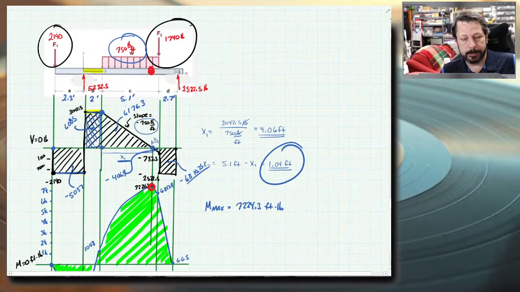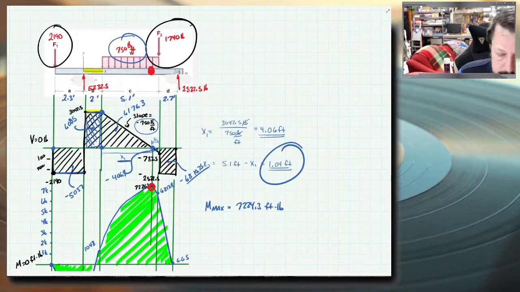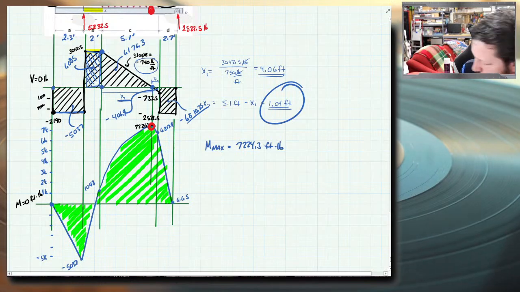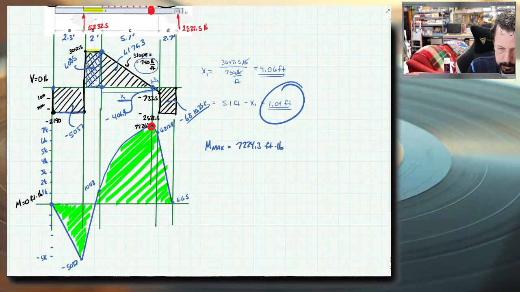So for instance, for this beam, the question could be, where is the maximum bending moment in this beam? And so you would have to figure out that, let's see what it is. It is 2.3 plus 2 plus 4.06, 8.36 feet from the left end of the beam.